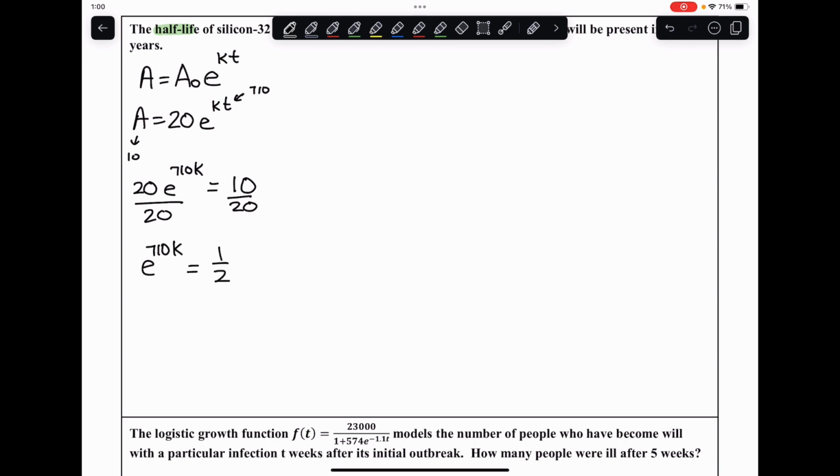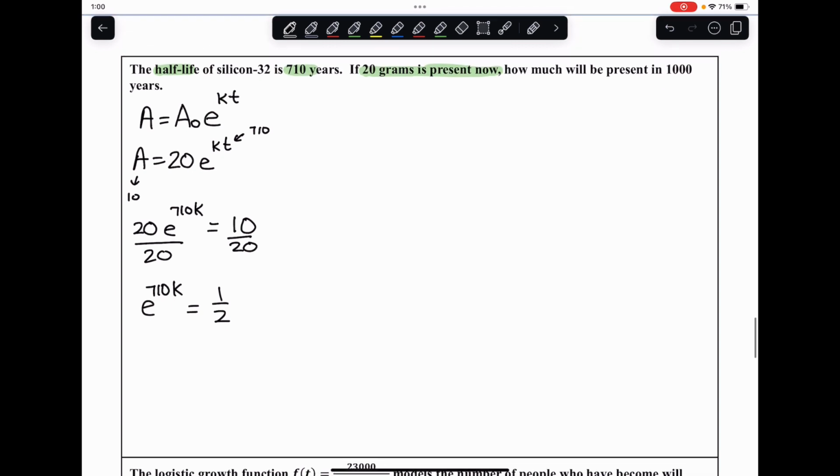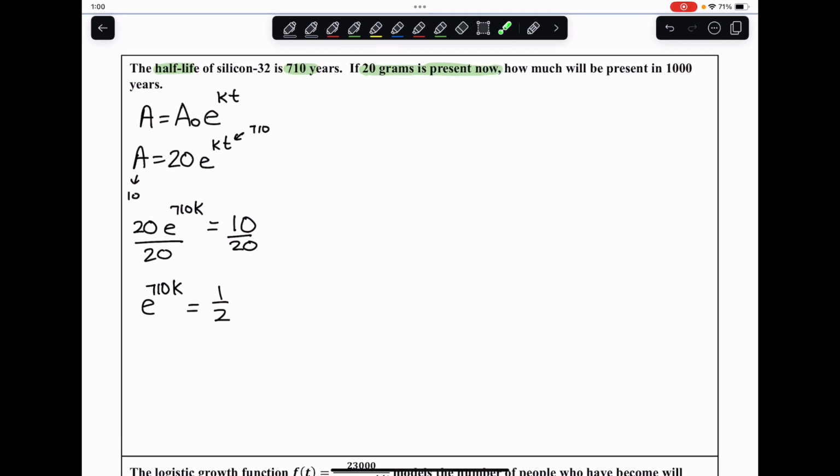And this is exactly what I was telling you. Look at what we essentially did. We ignored the initial amount, and knowing that the half-life is 710, we can simply replace our t with 710 and set this equal to half. So you could automatically skip all of this part and start the problem right here.